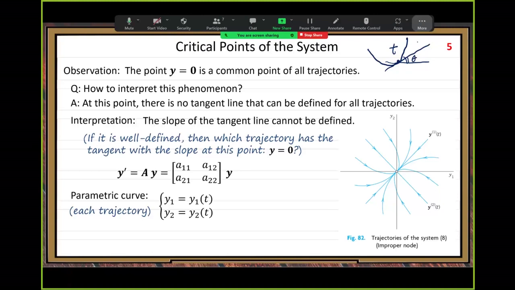How to calculate the slope of this tangent line? The slope is tangent theta. We know the definition of tangent: the opposite side over the adjacent side.